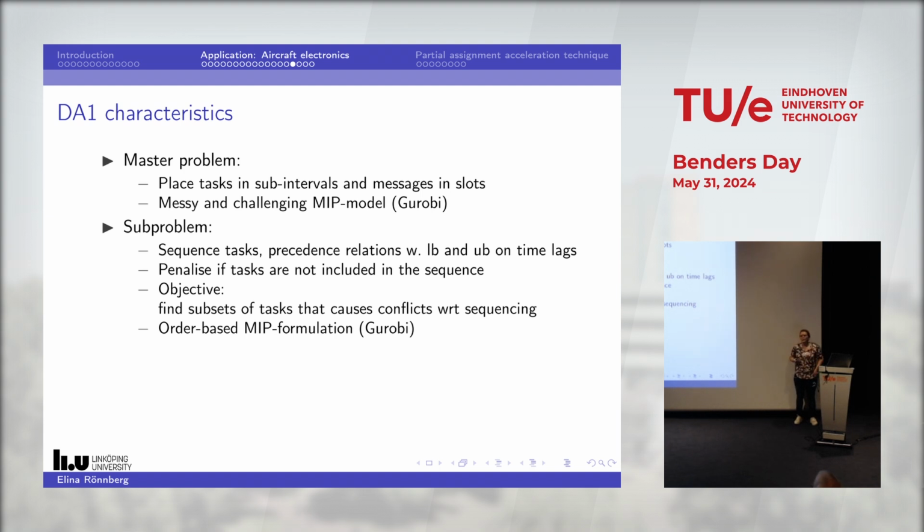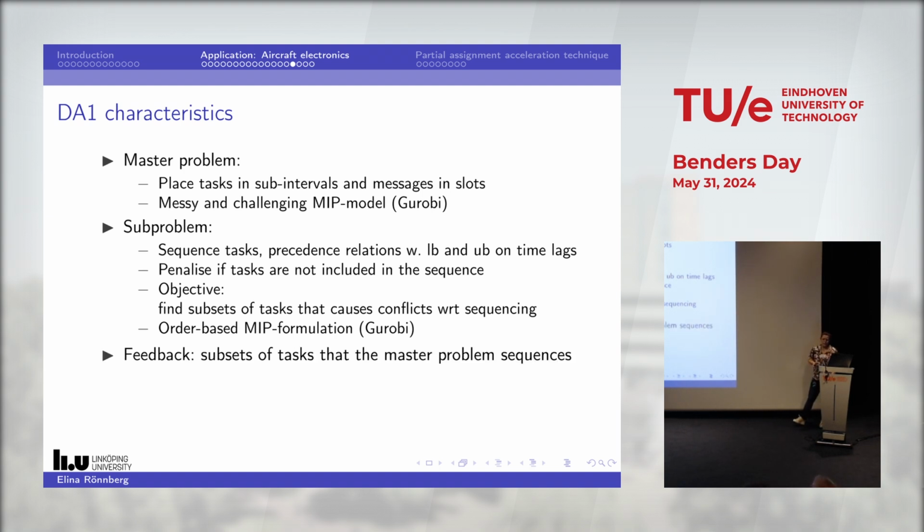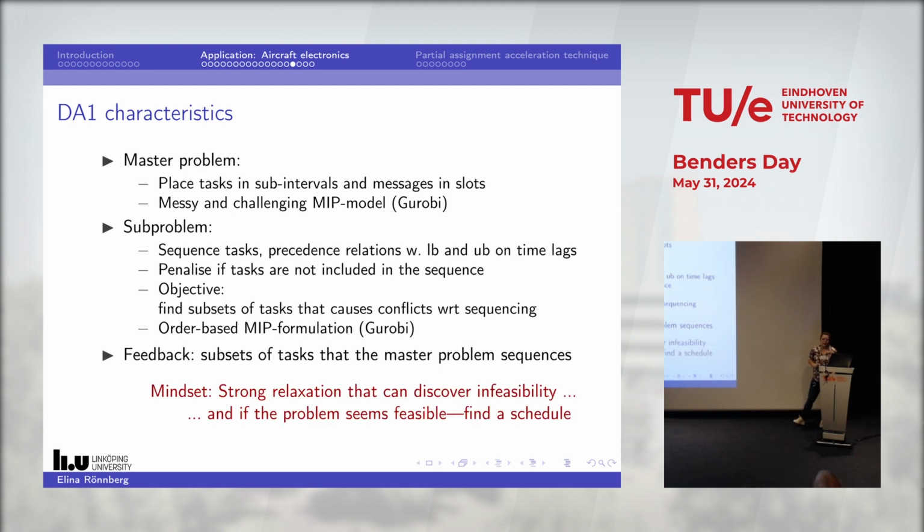And then what we return back as information is tasks that we want to make part of the master problem. So then we sequence some of the tasks also in the master problem. So this is a pure MIP approach, and think about it like constraint generation in general. And mainly we use this to detect infeasibility.